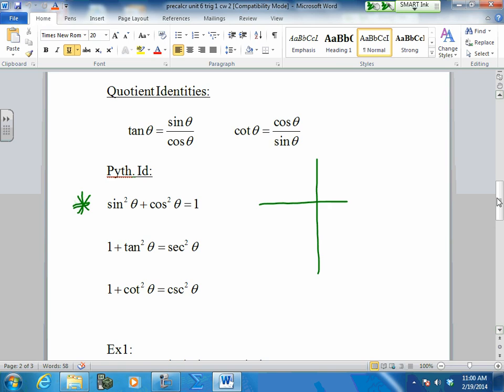Let's go to your unit circle. Watch. I open up an angle, any angle. What's my radius? 1. This piece here measures my x. This piece here measures my y. Agree? So it's a right triangle.